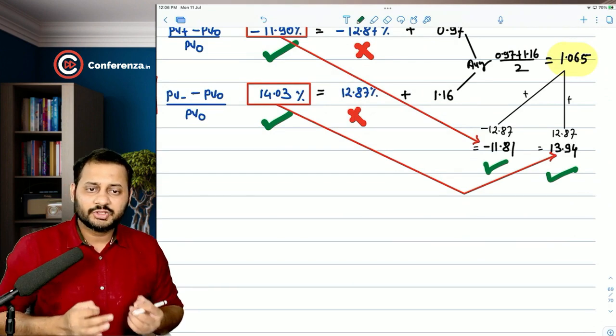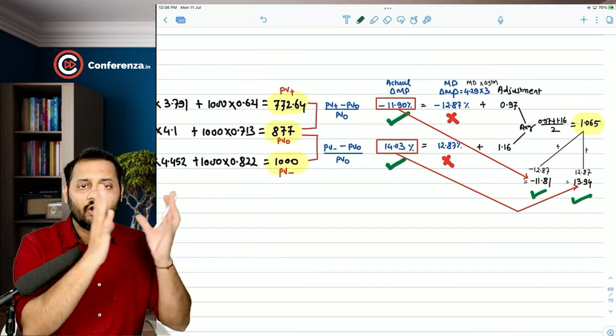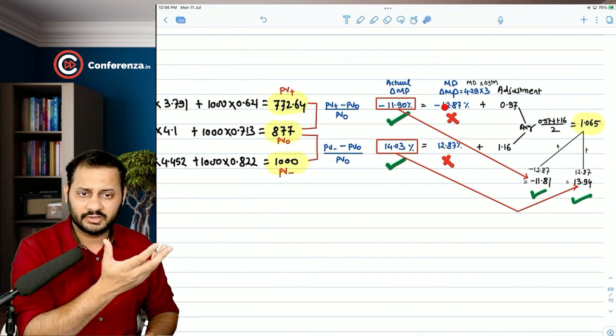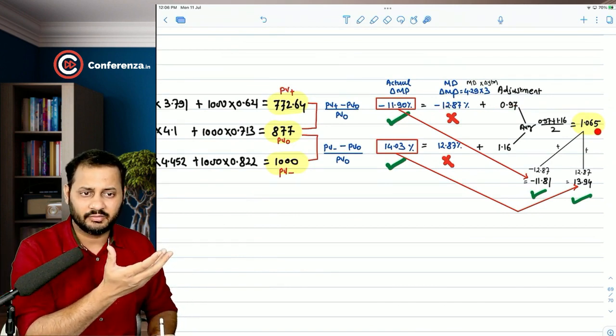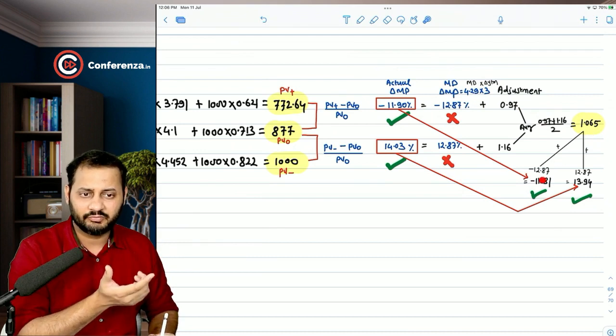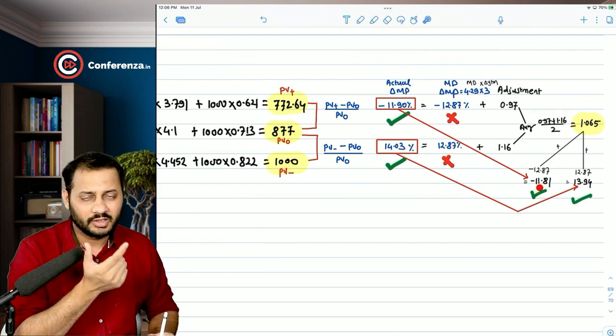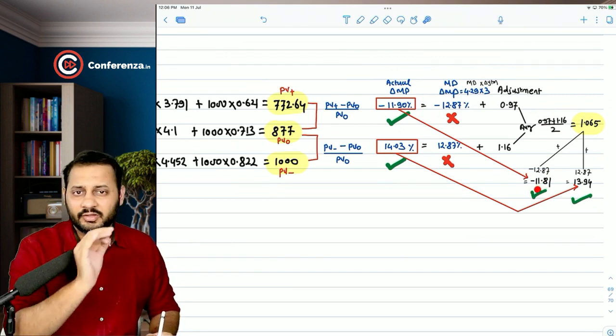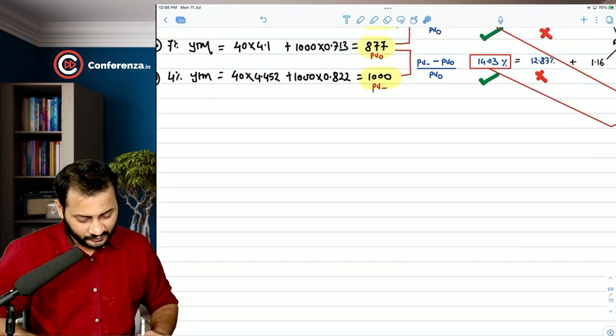Now our purpose is to derive a formula from all this discussion. We will start with any of the figures. Okay, we'll start with this 12.87 adjusting by 1.065. We want to come to this figure, 11.81%. If we are able to derive a formula for 11.81%, we have reached the destination. So let's start with it.